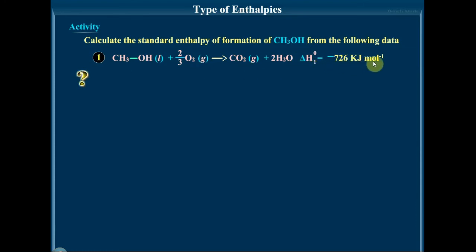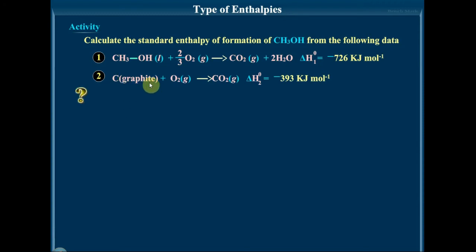This is one equation given here. The second equation, carbon in the most stable state is graphite, so carbon plus O2 gives carbon dioxide. The enthalpy change for this reaction, again the formation of 1 mole of CO2, is given as minus 393 kilojoules per mole.